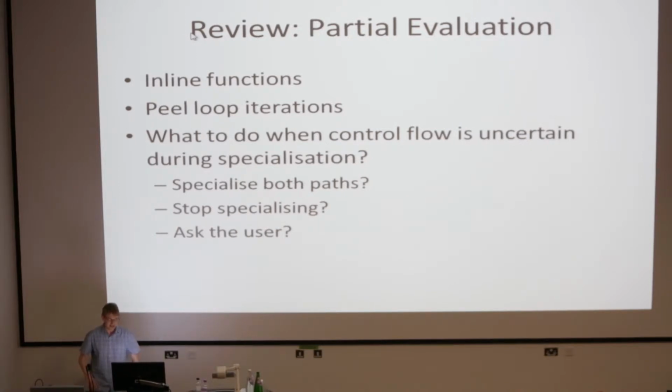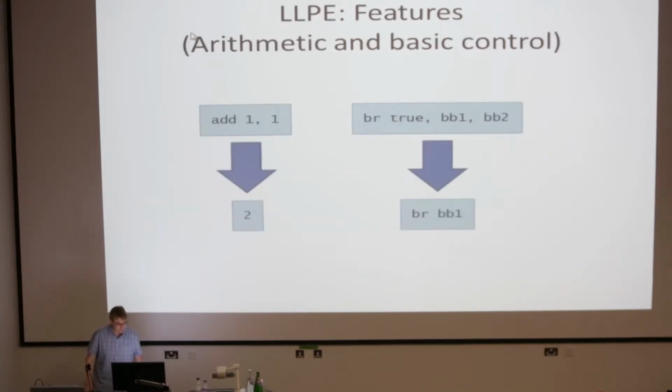And we're particularly going to have this problem of what do we do whenever control flow is uncertain during specialization. Do we specialize both or many of the possible paths that the program could go down? Should we stop specializing whenever we see uncertainty of that kind? Should we take hints from the user? Should we use some heuristics to figure it out?